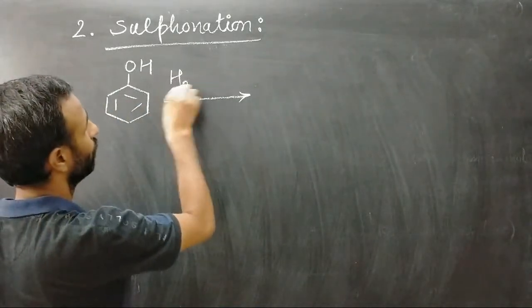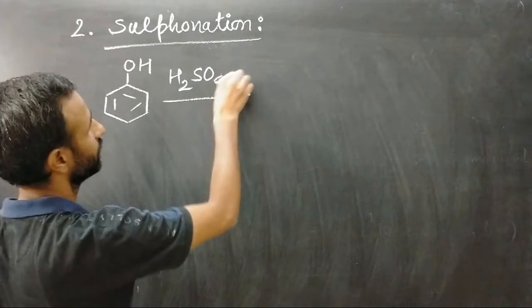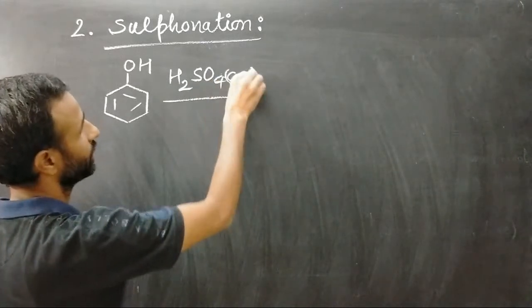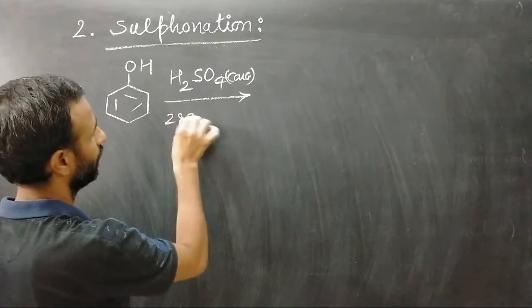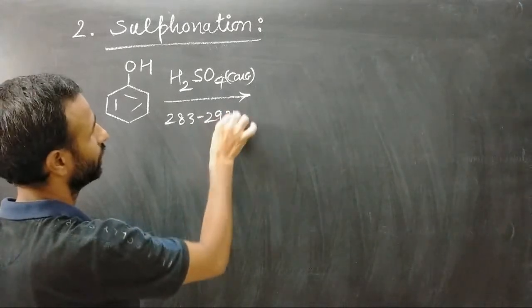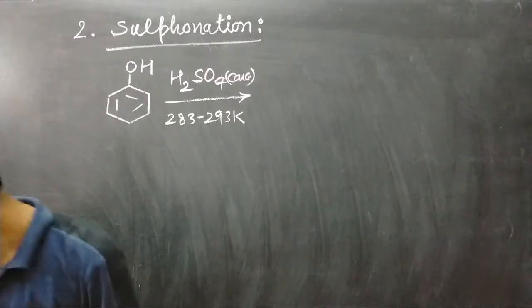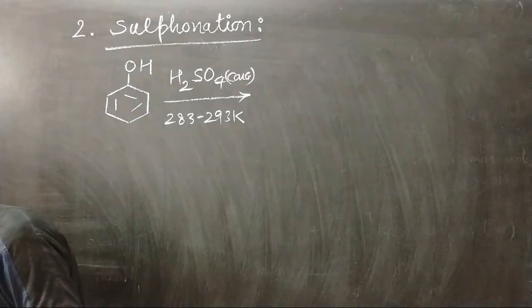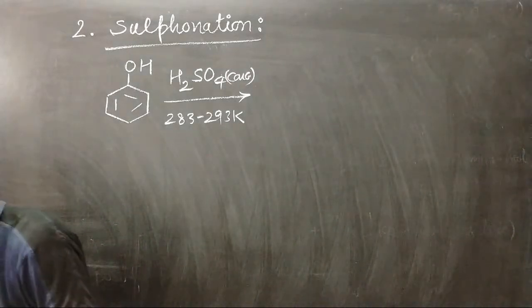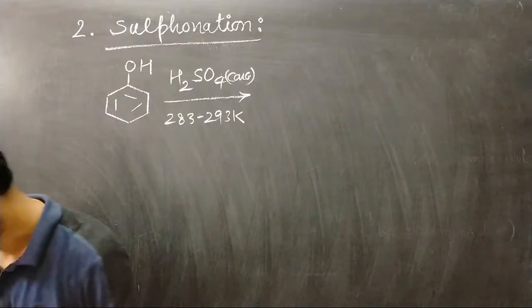So sulfonation in the presence of concentrated H2SO4 at 283 to 293 Kelvin, say at low temperature. Very good, beta, concentrated H2SO4.